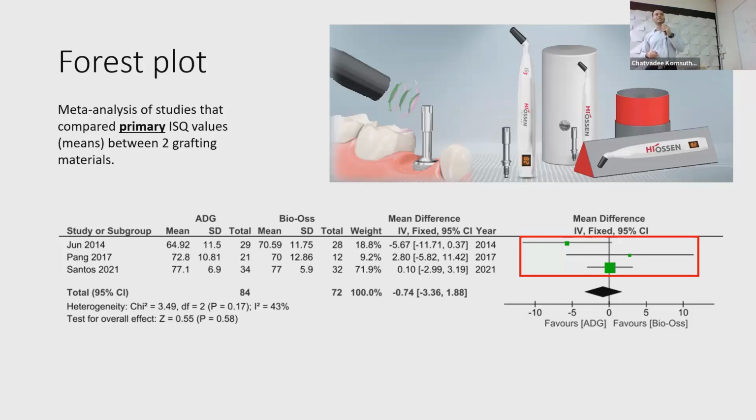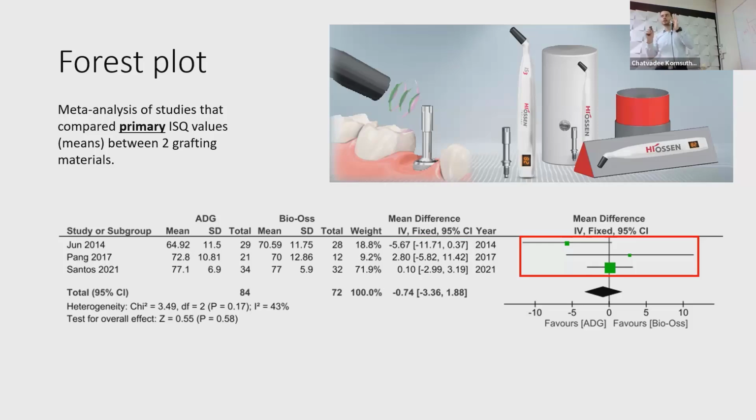Because ADG had a lower mean stability, as you can see, 64 compared to BioOS, which had 70. So if I subtract those 2 numbers, I will get what we call the mean difference, which is a negative number. So here, as you can see, 64 minus 70, and then you get -5.67. That is why here the square is on the negative side.